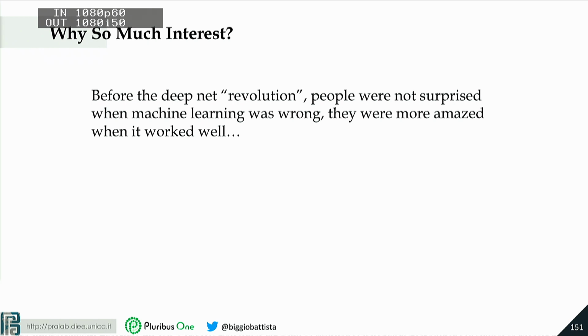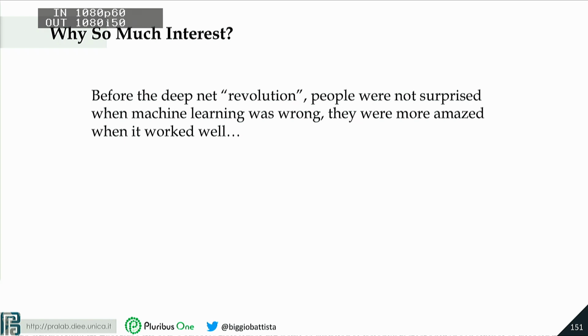And another thing, to be honest, is that it's now very interesting because deep learning has become so popular nowadays. Before that, machine learning was not working that well. SVMs, decision trees, all these previous approaches were not giving the performance that we observe nowadays with deep learning.